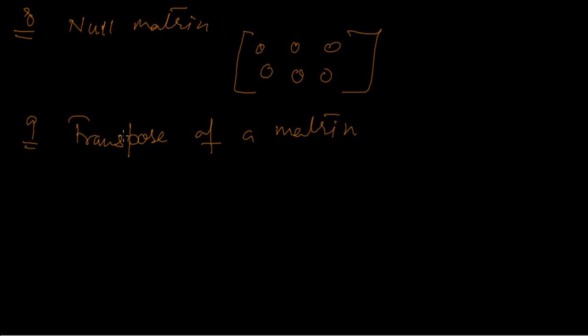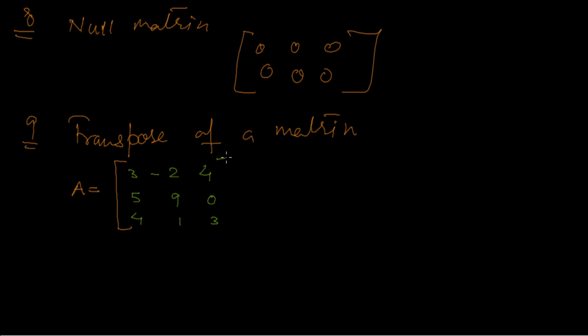Transpose of a matrix: if we have a matrix, let me explain with one example. Here we have a matrix, 3 minus 2 4, 5 9 0, 4 1 3.